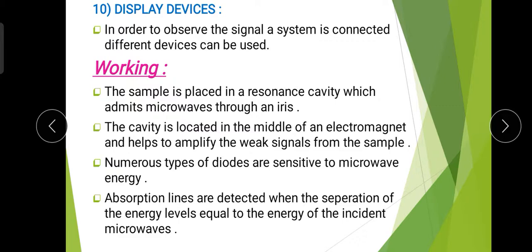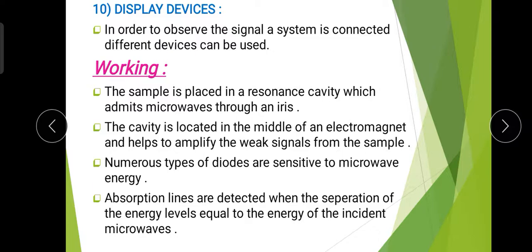Now how does it work? The sample is placed in a resonance cavity which admits microwaves through an iris. That means, as we already mentioned in the diagram, there is a klystron which acts as a radiation source. After generation of the microwaves from the klystron, which are given to the sample through different components, the cavity is located in the middle of an electromagnet and helps to amplify the weak signals from the sample.